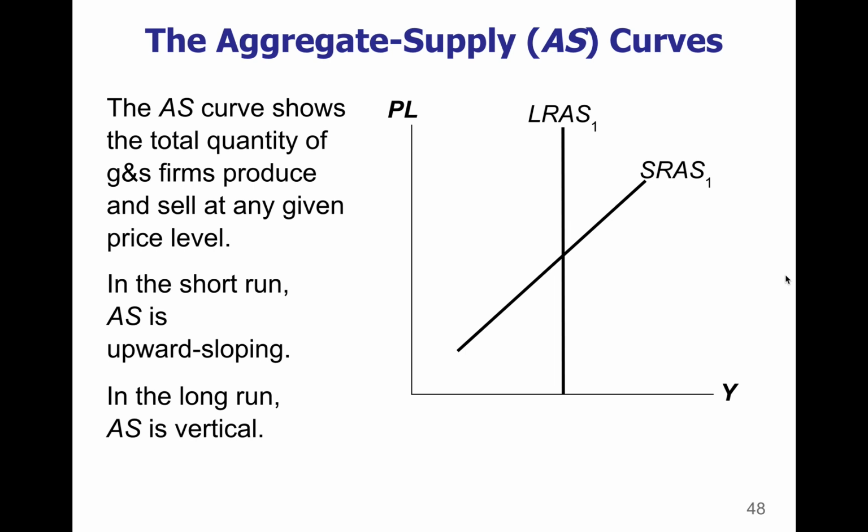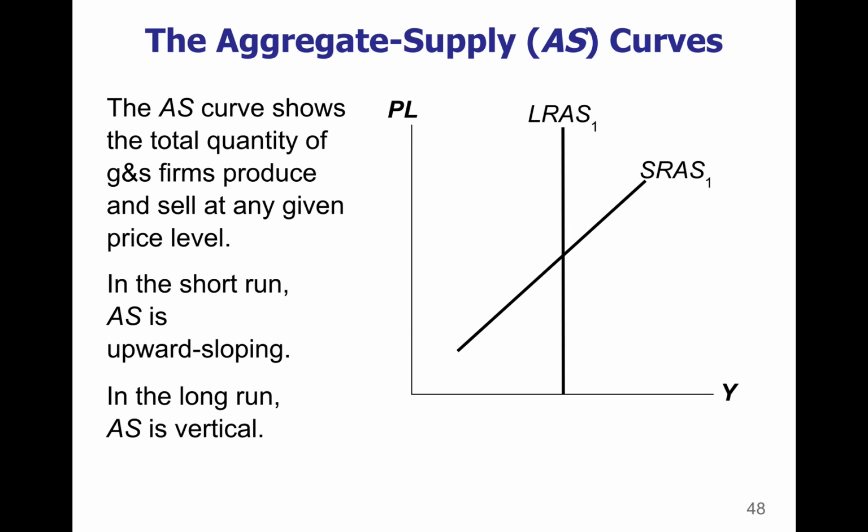Think of the short run as a period of 1 to 2 years. And the long run is something much longer than that, like a 20-year average. Now, in the short run, it's upward sloping because businesses cannot perfectly predict all of the possible things that are going to come their way: input prices, the amount of labor costs, things that could make it difficult to accurately predict how much they should supply and at what prices.